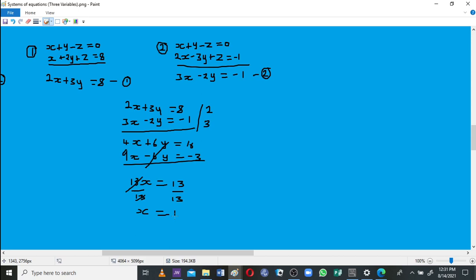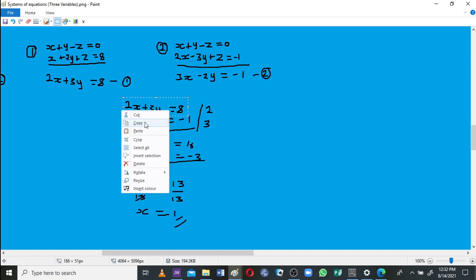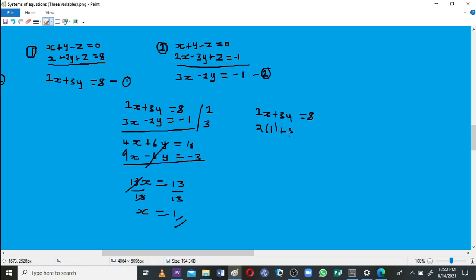Let me take just the first one. I get the first equation and substitute, since I have found the value of x. Where there is x, I substitute, so that I can calculate the value of the y variable.